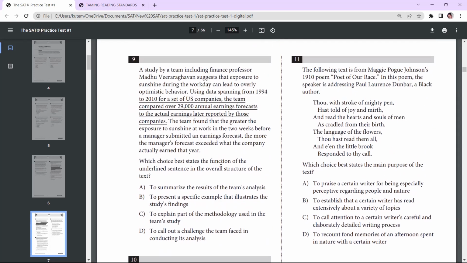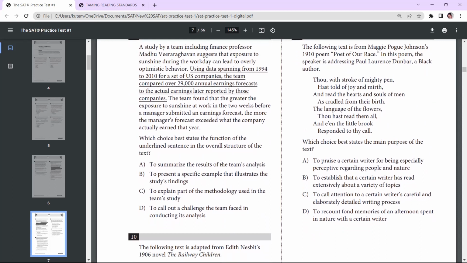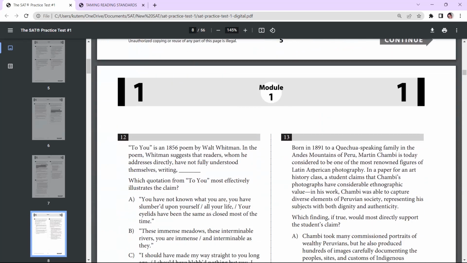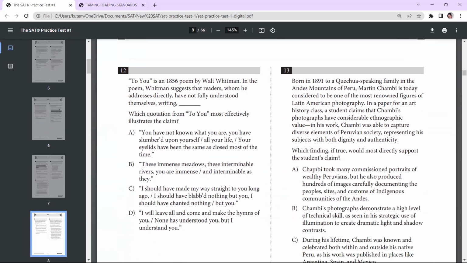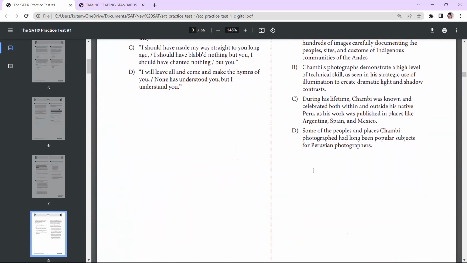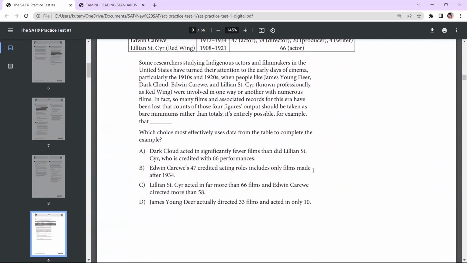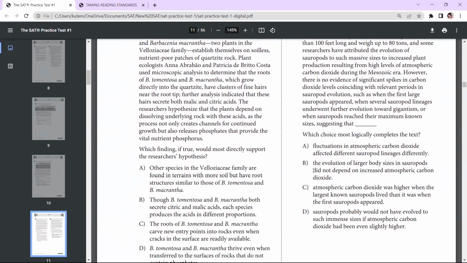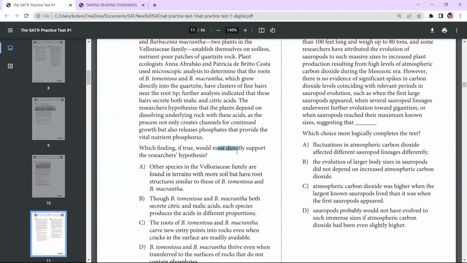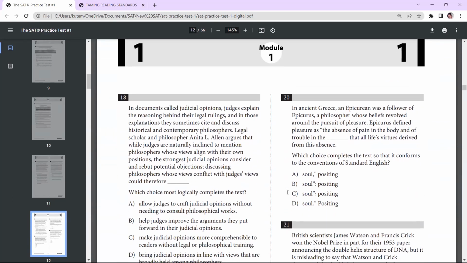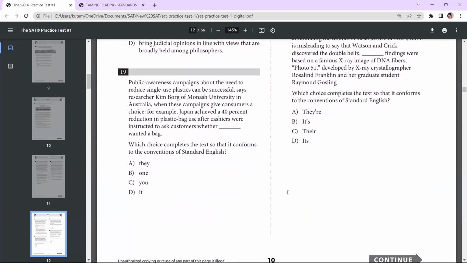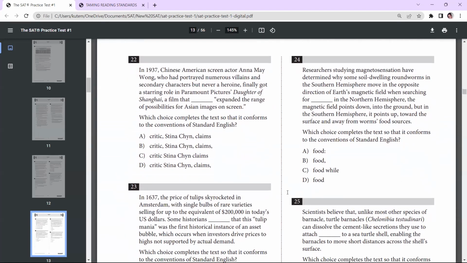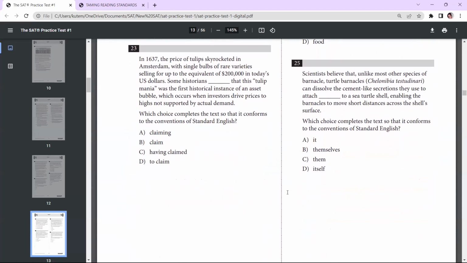Okay, so let's see if we can find another literal. This is main purpose. So that's main idea. That would be evidence, infographics. This would be evidence too. This is writing. Writing as well.